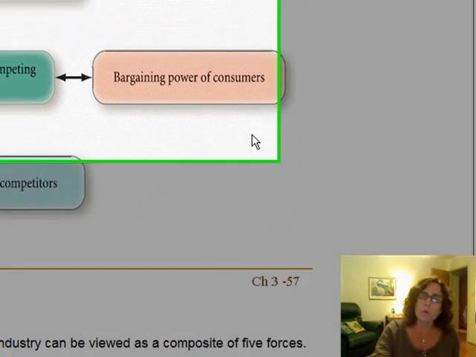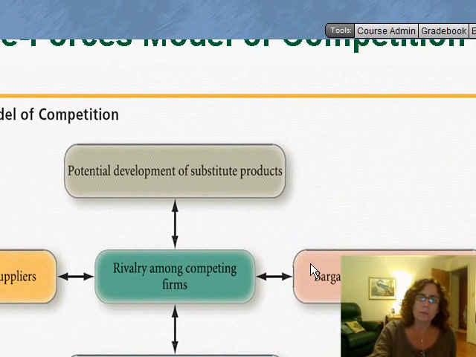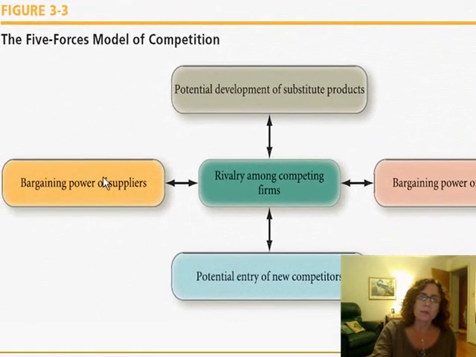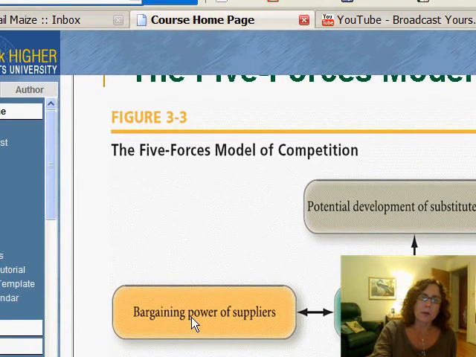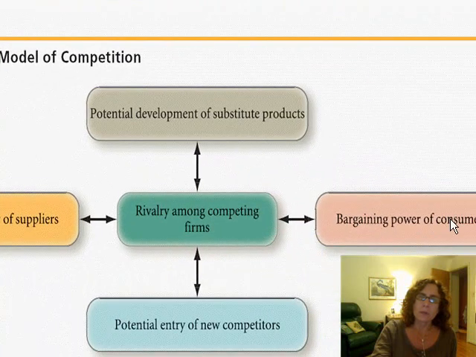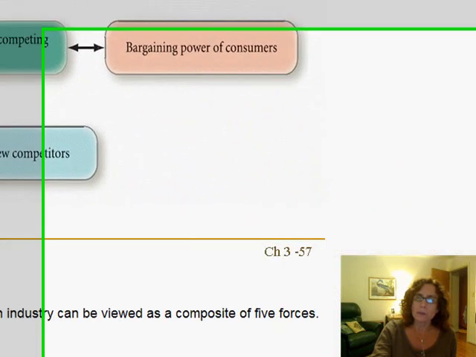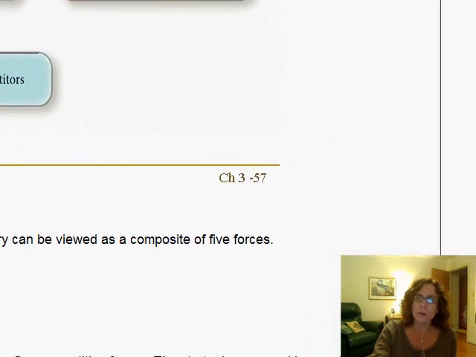So when we look at Porter's 5 forces model of competition, we see that there are these elements here: the bargaining power of suppliers, the bargaining power of consumers, the potential entry of new competitors, rivalry among competing firms, and the potential development of substitute products.